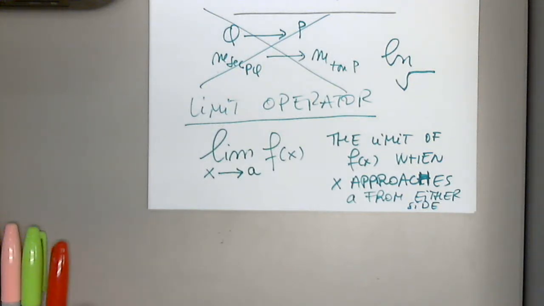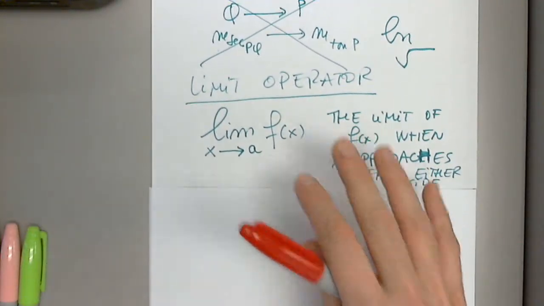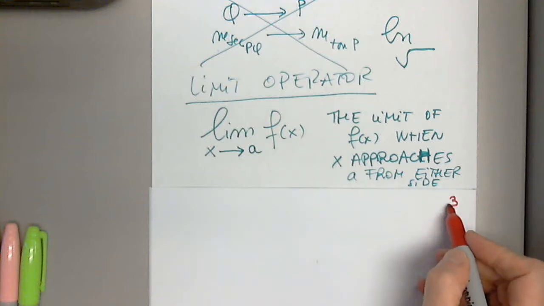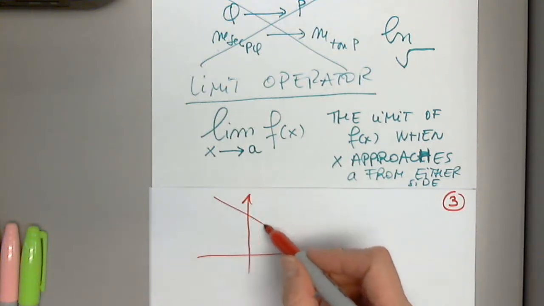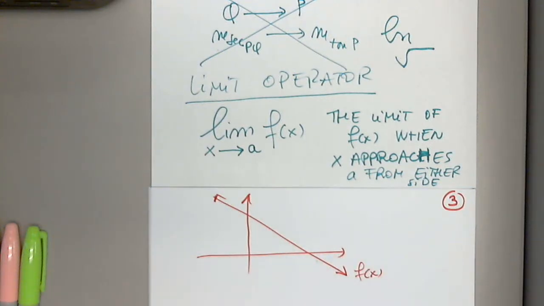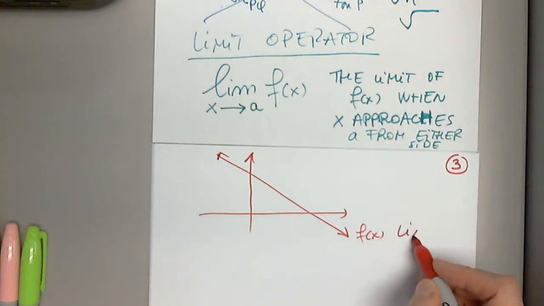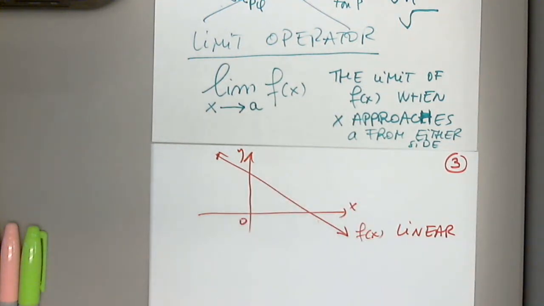And here's an example. We're going to graph a function. The simplest possible function. Can anyone tell us what function this is? Of course, the simplest possible function, linear. Okay.